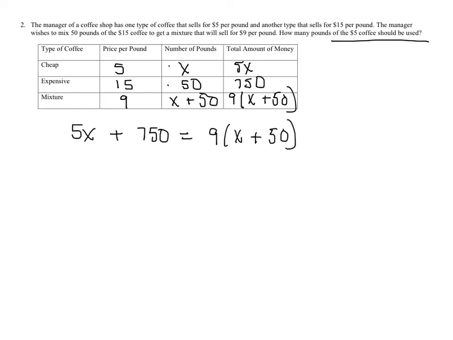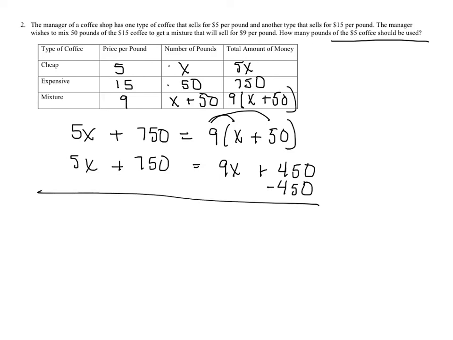Good. So now I'm going to distribute. So I'll get 5x plus 750 is equal to 9x plus 450. So I'm going to move stuff around, and I'm going to move the 450 over because I really hate dealing with negative numbers. So this will be 300.